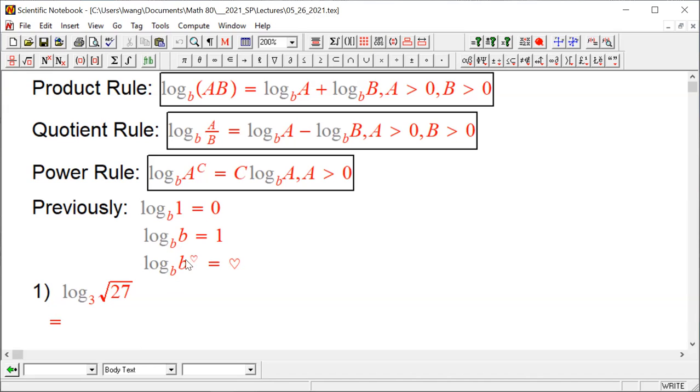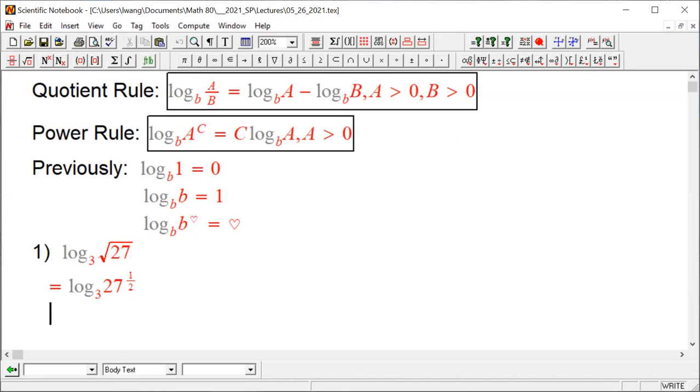Well, this is the situation we can use the power rule. We can use power rule because square root of 27 has a power of half, right?